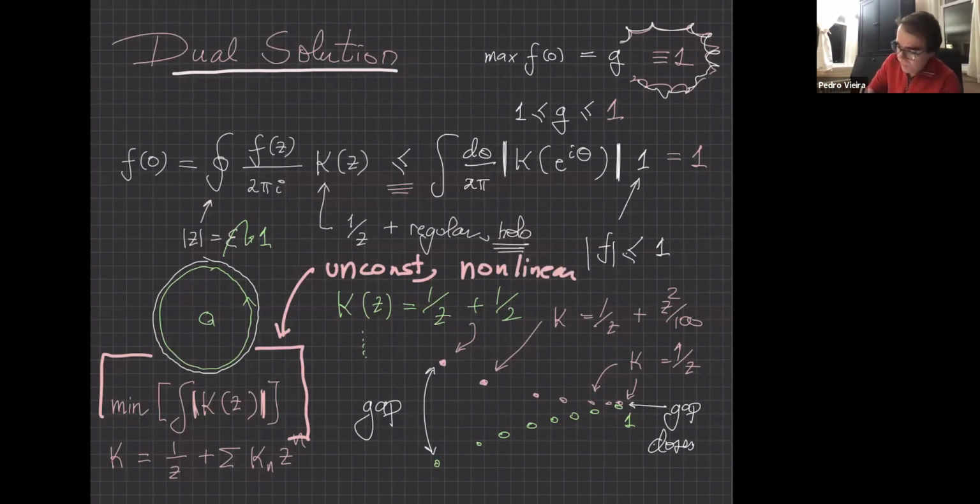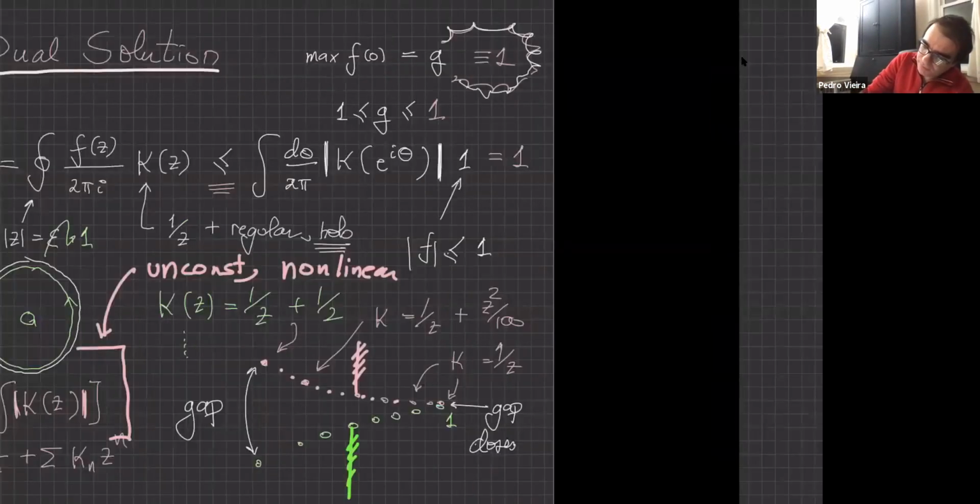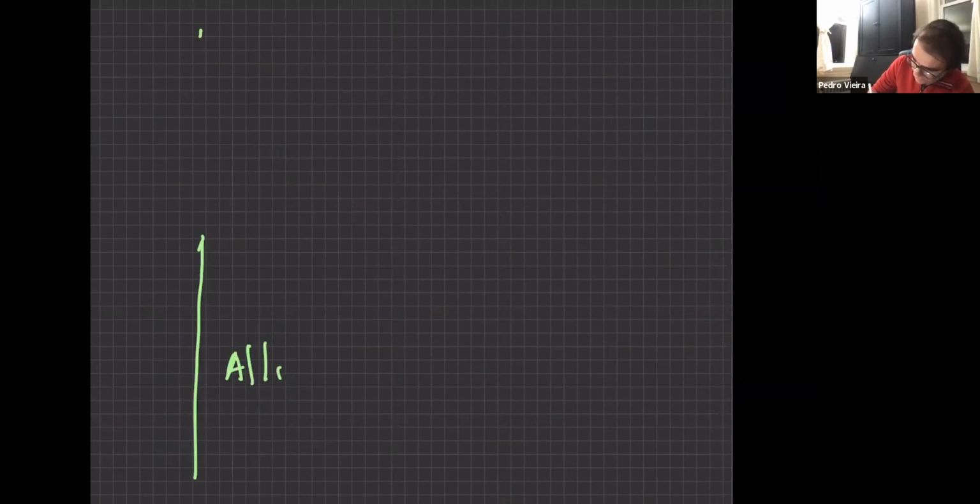What's great is to have both. On the one hand you have the dual problem that says, for sure this is excluded, no way. And you have the primal problem that says, for sure this is allowed, right? So what we typically reach is this picture where we have an allowed region. This is allowed, and we know it's allowed for sure because we can construct primal solutions.